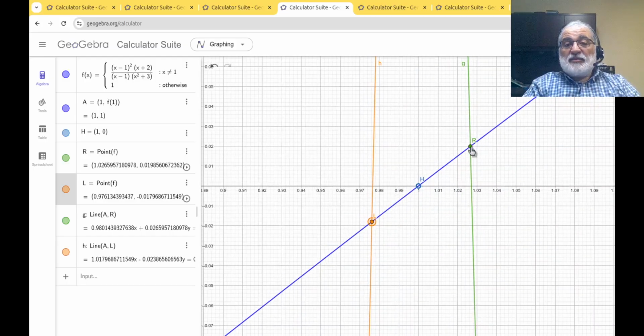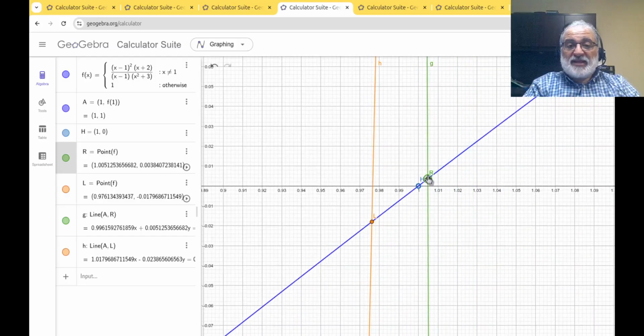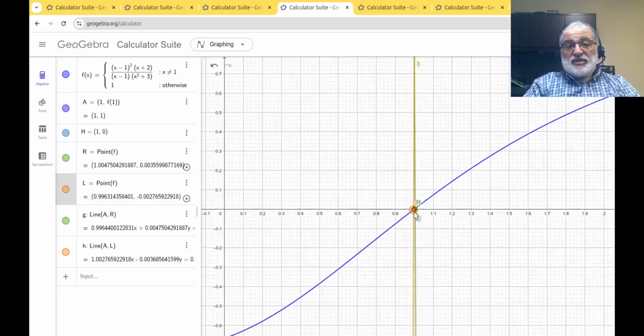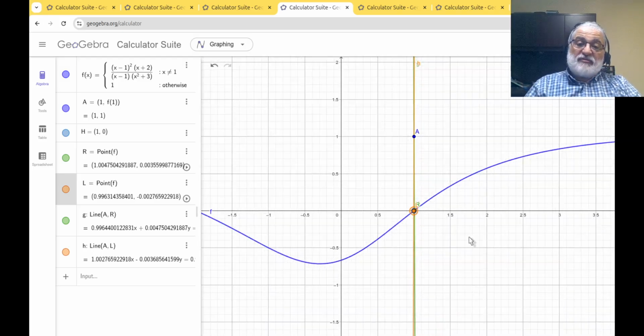Bring this point closer and closer again. And what is happening as we do that? The line is becoming more and more vertical. So this is why, when we have a point discontinuity, even if the function is defined, we still do not have a derivative for the function.